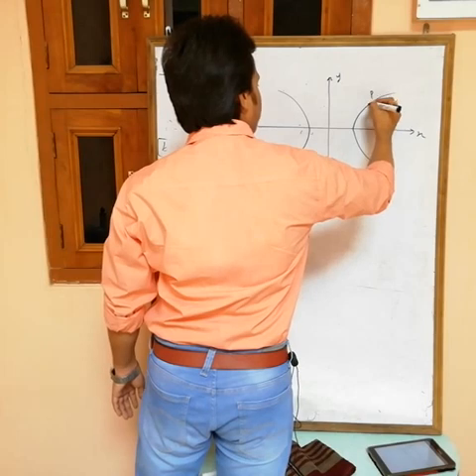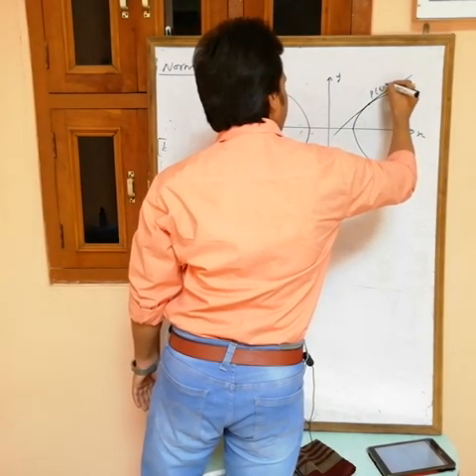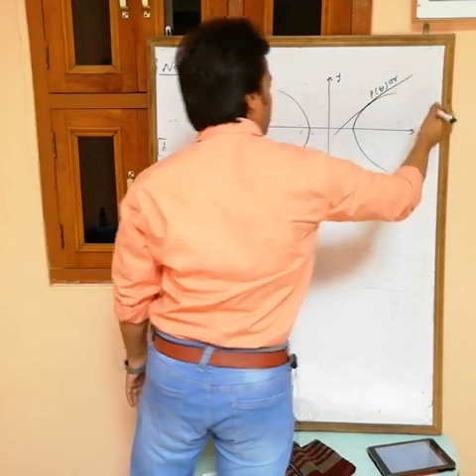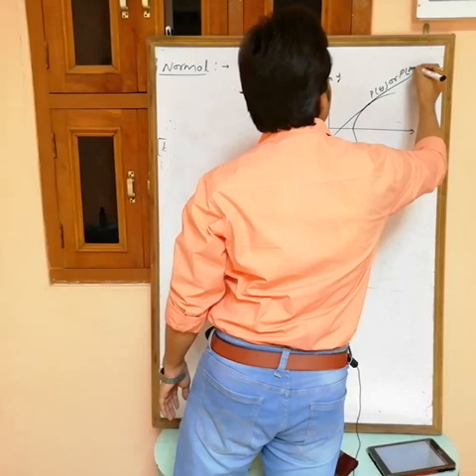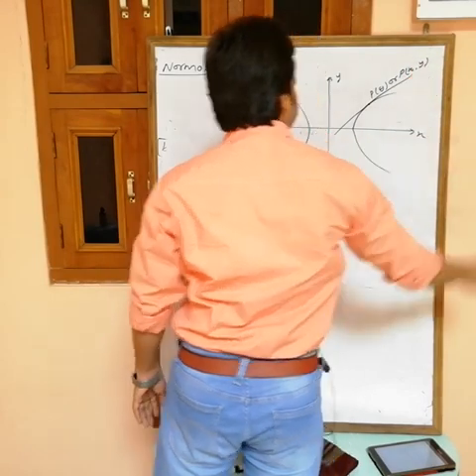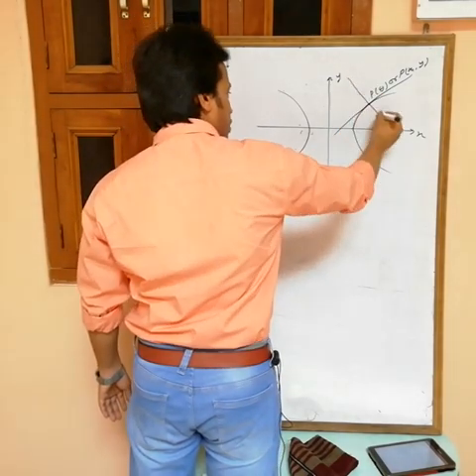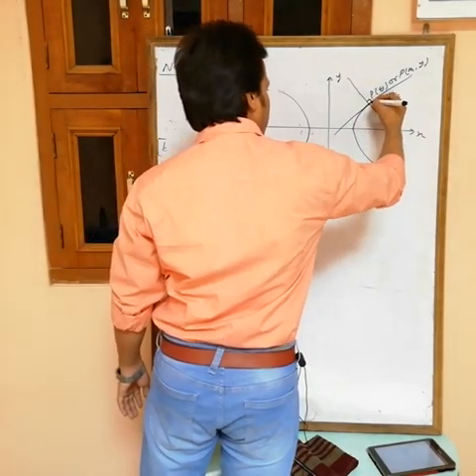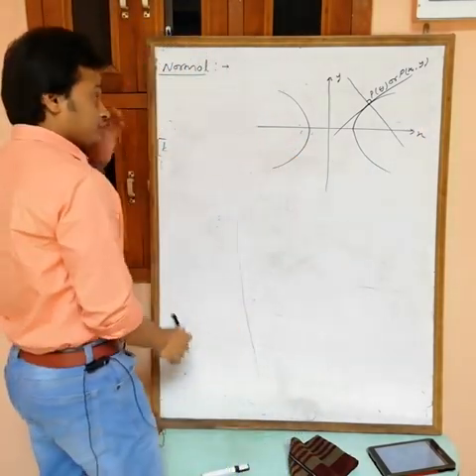Any point P, this is tangent at P. Suppose parametric angle is theta, or if you want to write the point in Cartesian form, then P is x1 comma y1. Now normal at P is a line passing through P and perpendicular to tangent. This is the normal at P.